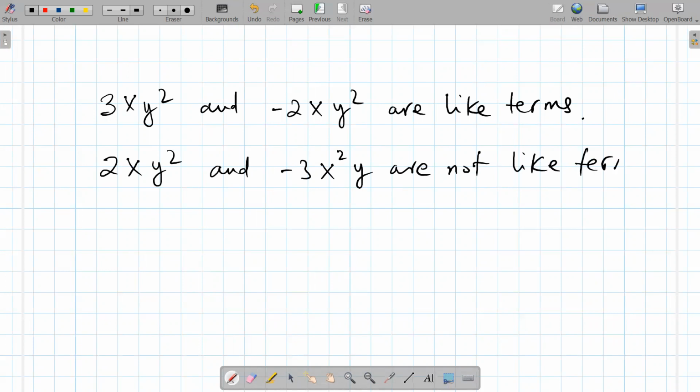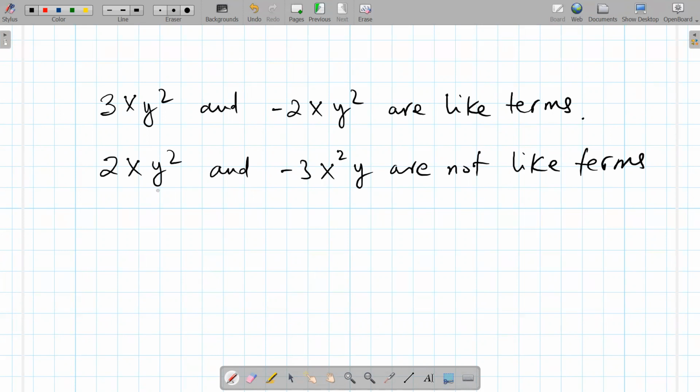And the reason is because even though they have the same variable, x, and then another variable y, the powers are not the same. The power in this term here for x is 1. The power in this term for x here is 2.